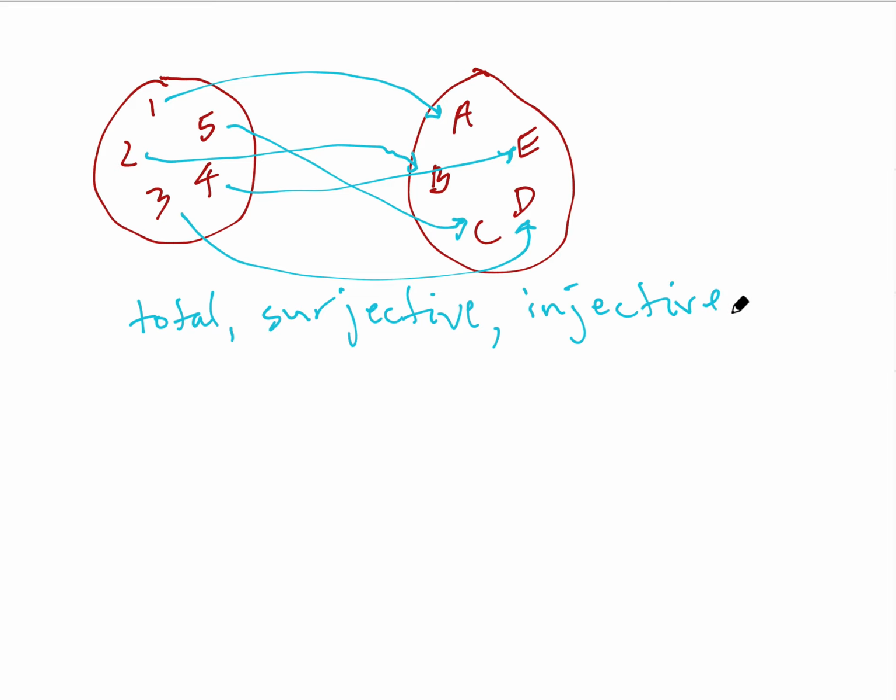In other words, it establishes a one-to-one correspondence between this set and this set. So we say these two sets have the same cardinality and their cardinality is 5.